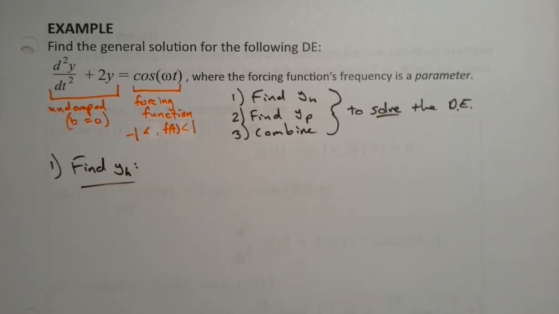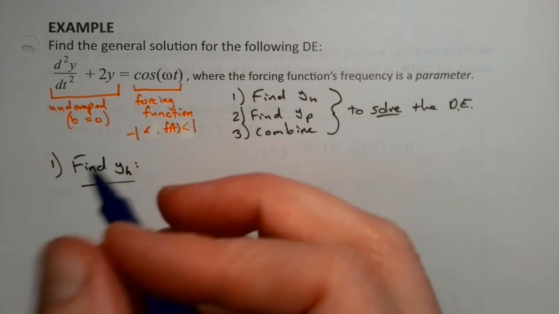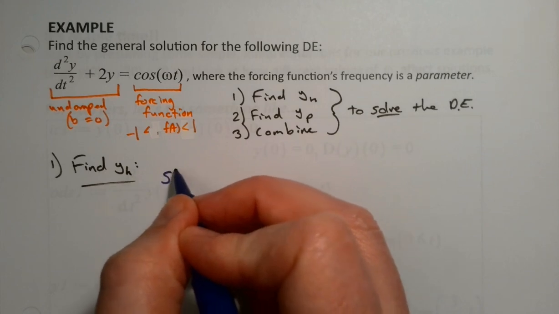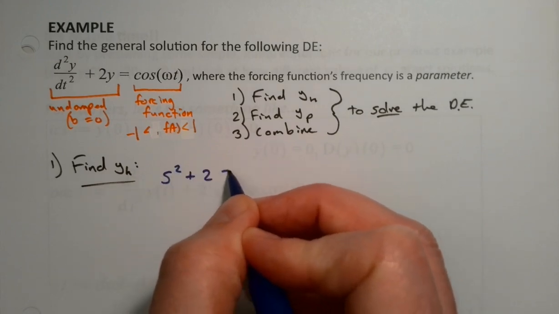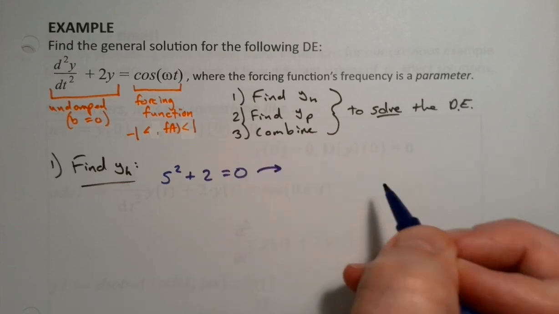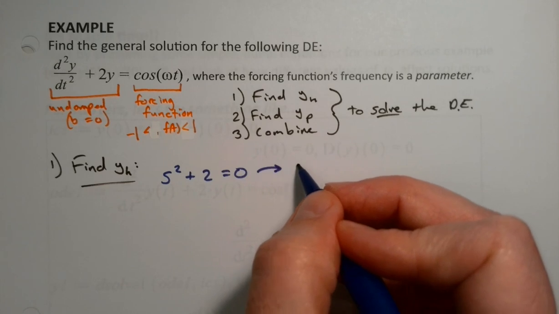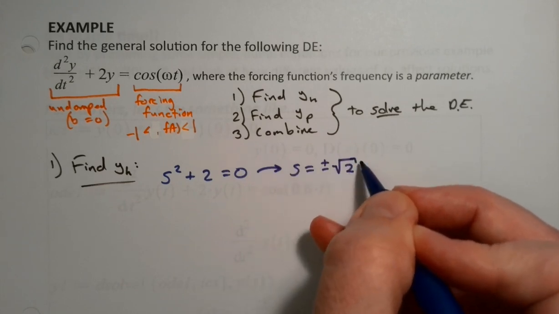Finding the homogeneous solution means that we're going to turn the left-hand side of our harmonic oscillator equation into our characteristic polynomial. So that'll be s squared, there's no middle term, it's just +2 equals 0. And that pretty simply leads us to s is equal to plus or minus the square root of 2 times i.